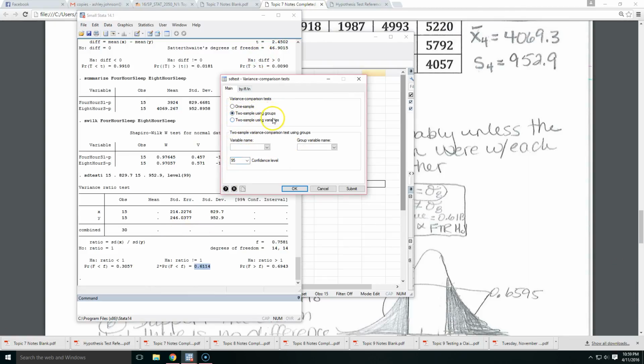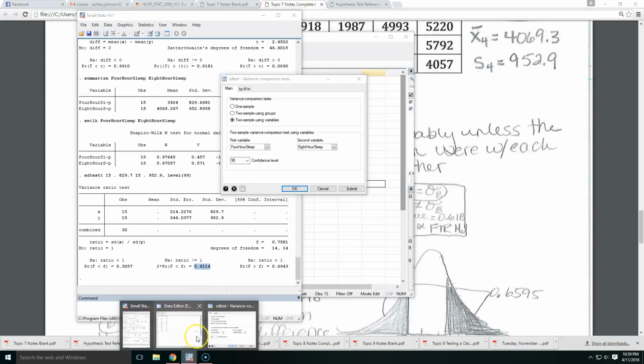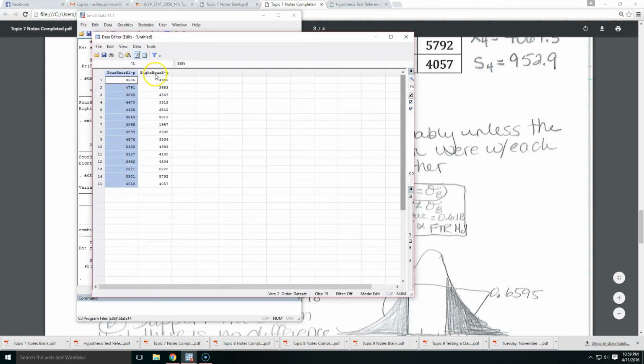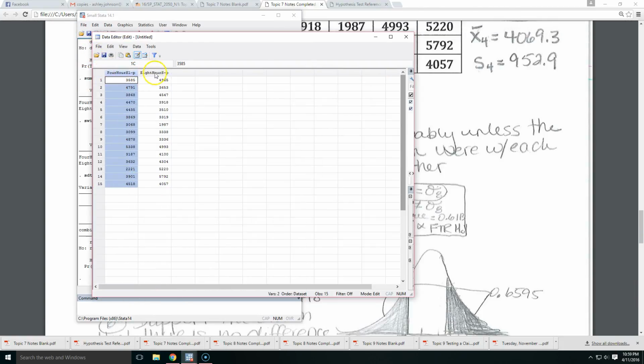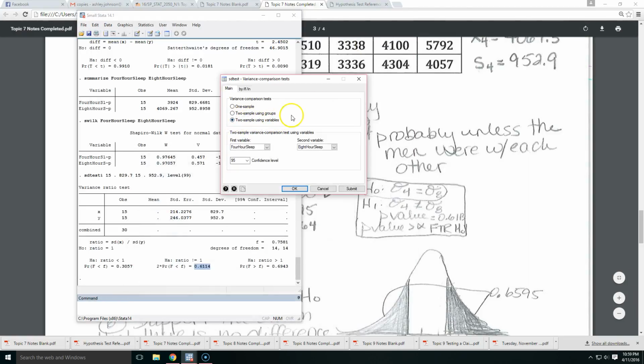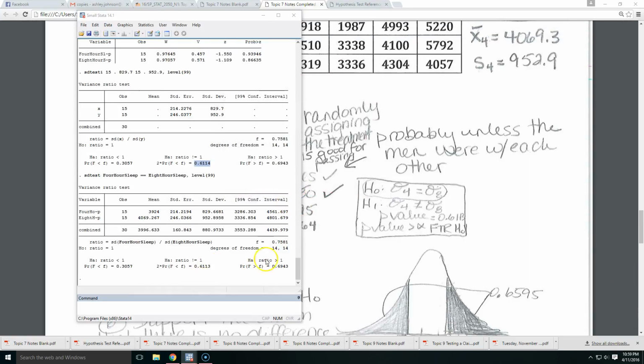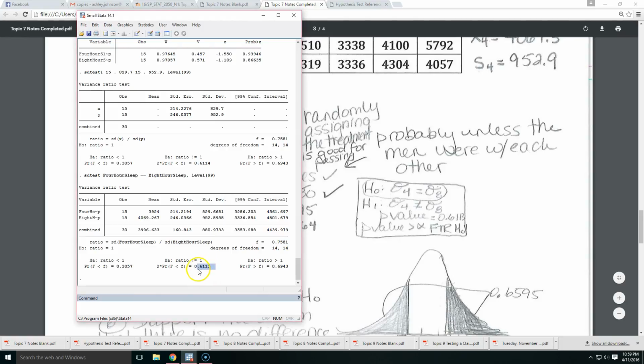Now, which one you select here: this is if your number of calories is in one column and you have a second column that has a 4 or an 8 for which group they're in. So that's for if you have groups. But you have two separate variables, and Stata considers this a variable, and this is a variable. So you have two separate columns with your data in it, and so that's going to be two groups using variables. So again, this is 99%, and this is 0.6113.